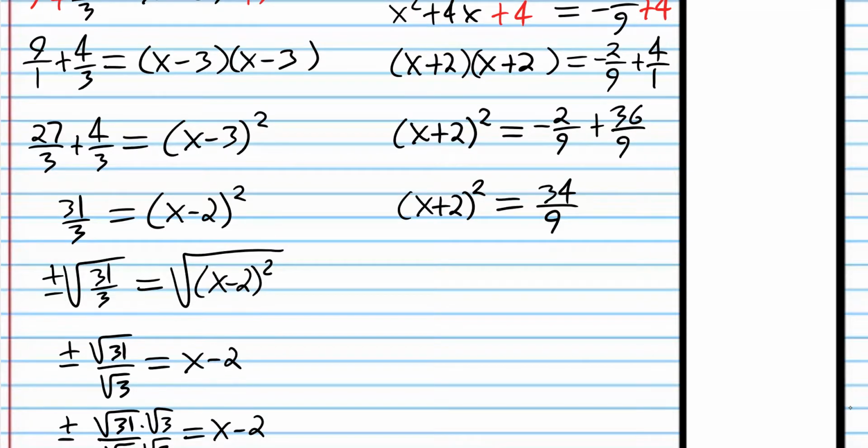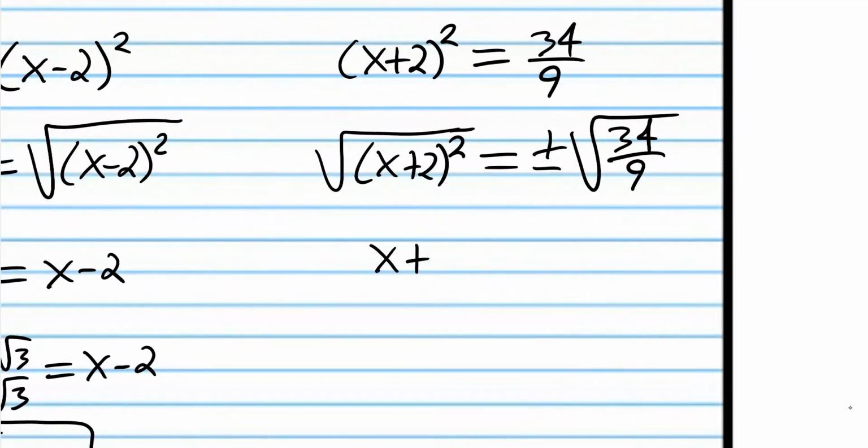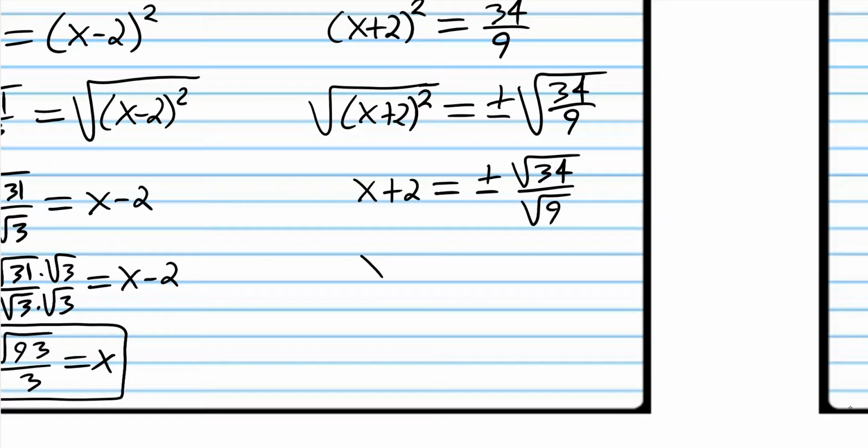And we're going to square root both sides as usual. And we have x plus 2 is equal to plus or minus square root 34 over square root 9, and square root 34 over 3.